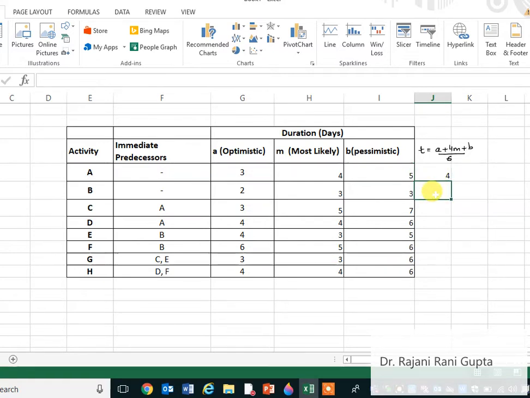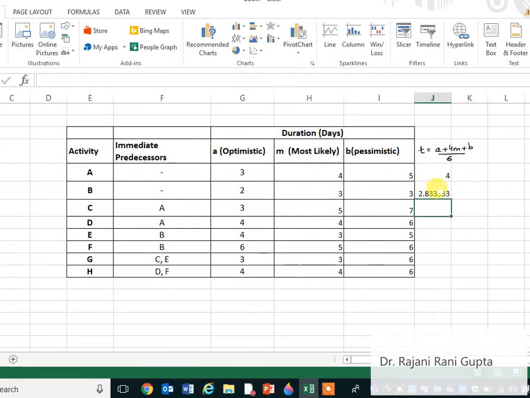Now you have to apply the same procedure for this. So one thing is, you can repeat the same steps like what I said. Equal, put the bracket, A, which is 2, plus 4 multiplied by M, plus B, divide by 6, enter.